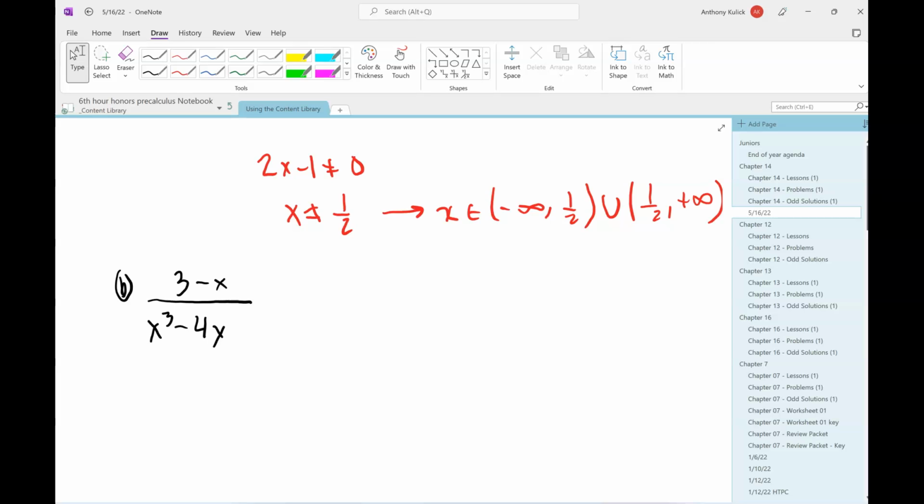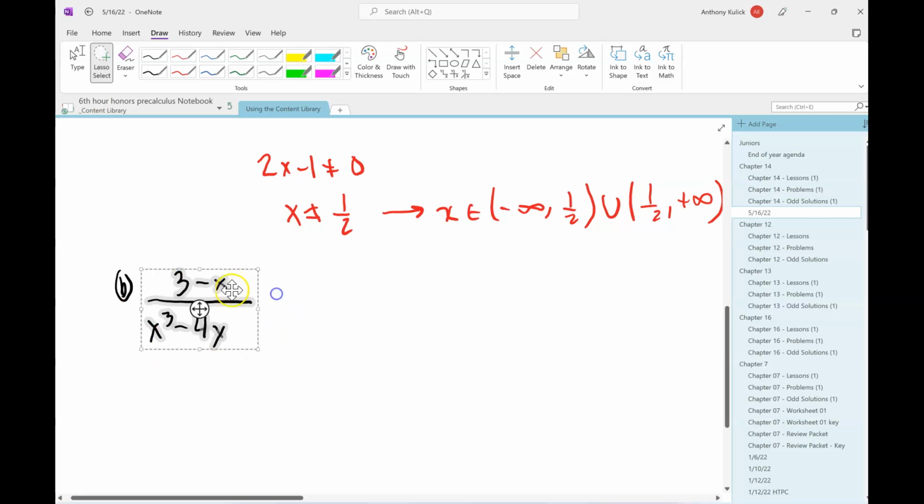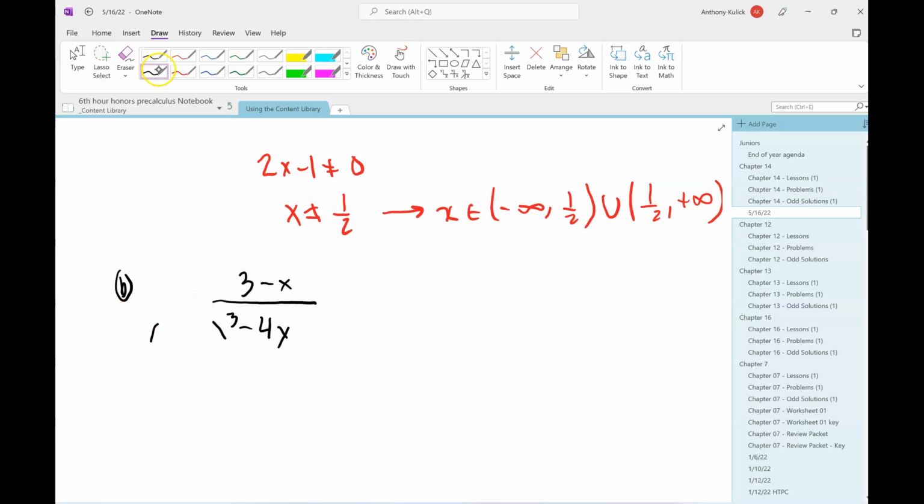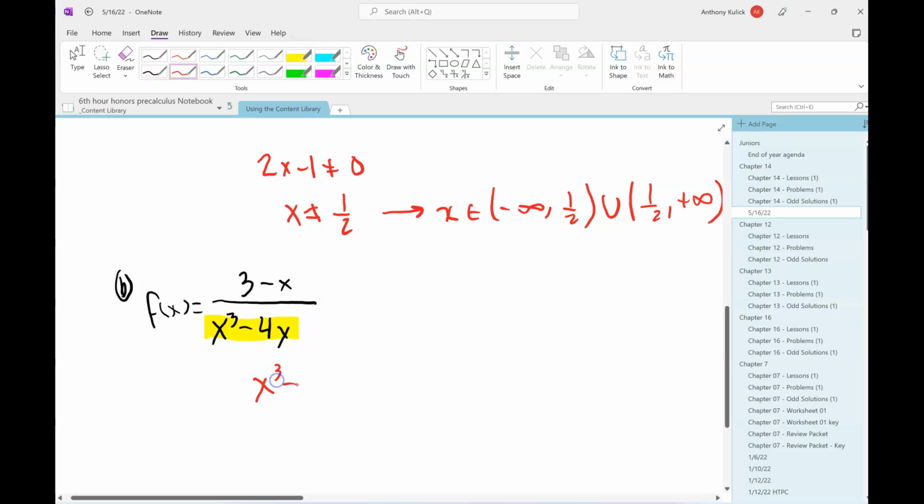Next example, I should probably say, it has to be a function to have a domain, right? That was almost real silly, Mr. Hulick. Same idea though, right? We're just gonna set the denominator not equal to 0.